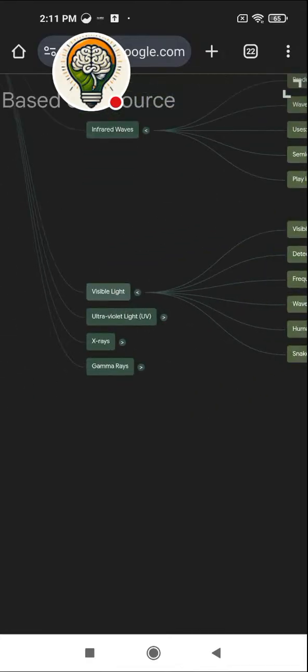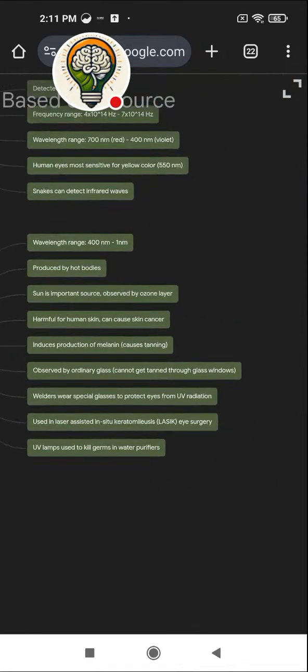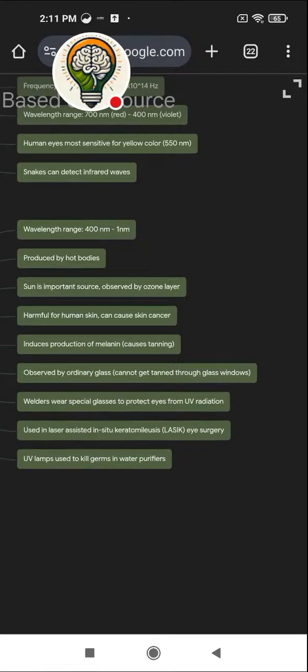Then the ultraviolet: wavelength range from 400 to 1 nanometer, produced by hot bodies. The Sun is an important source, absorbed by the ozone layer, and harmful for skin, it can cause skin cancer. Induced production of melanin causes tanning, and as UV is absorbed by glass, one cannot get tanned through a glass window.